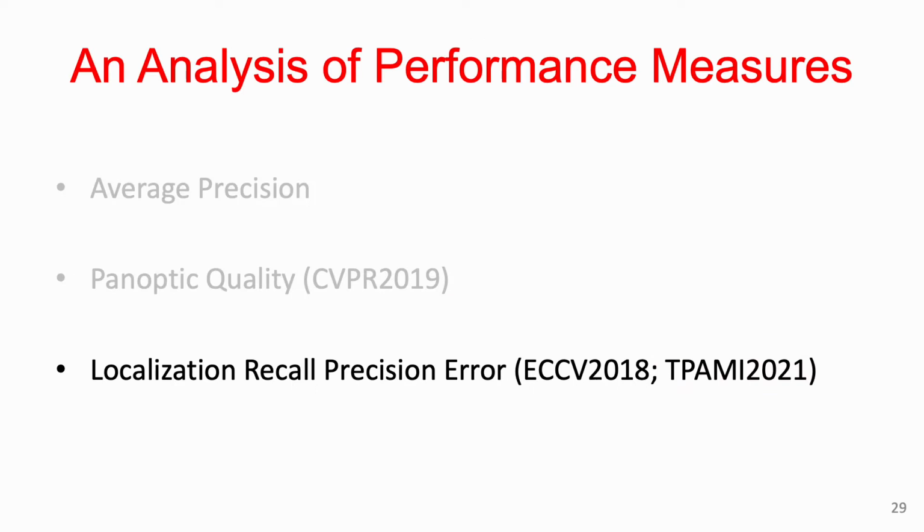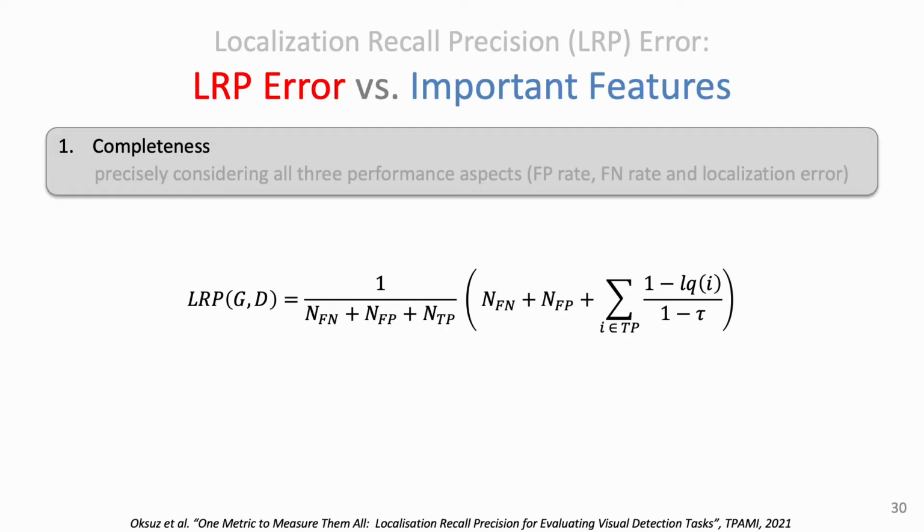After having introduced LRP in detail, now let us look at how it fares in terms of the important features we introduced. Let's start with the completeness feature. In terms of completeness, we see that LRP includes number of false negatives, number of false positives, and localization error for true positives. Therefore, we can easily say that LRP is complete.